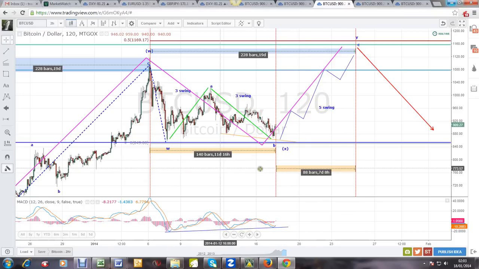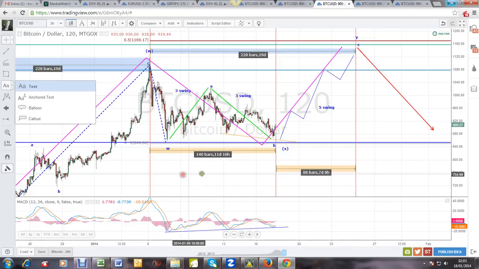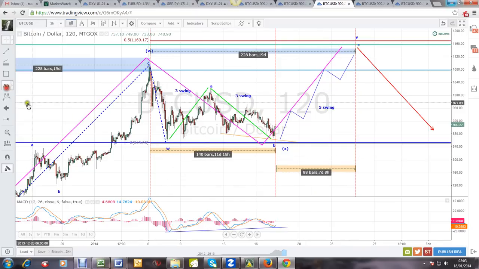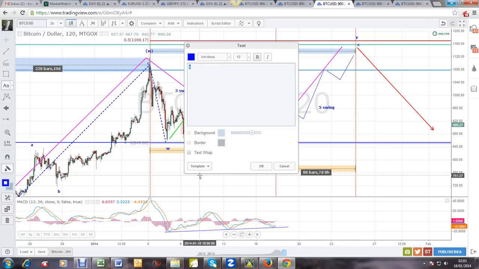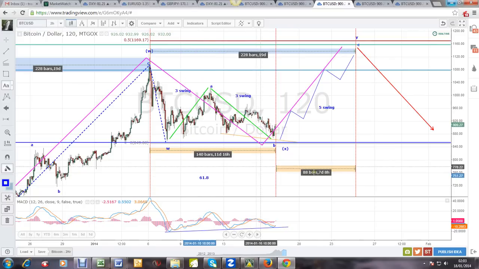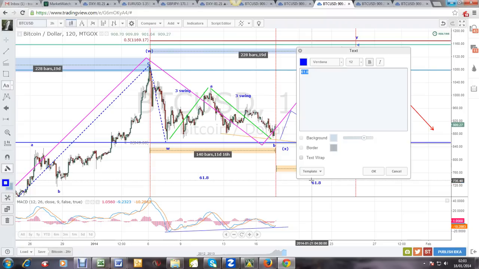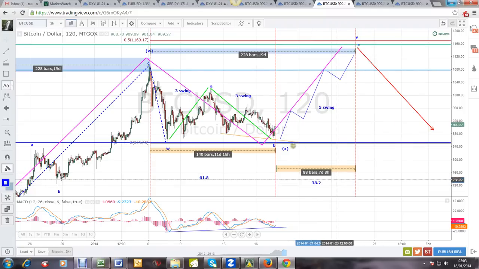Because if this is 61.8%, then this one is 38.2%. So there's a symmetry here, right? Because the whole of this is 1 unit, and you can divide it into 61.8%, and the reciprocal of that would be 38.2%. So that gives me this.